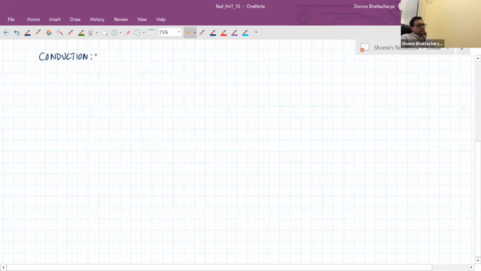So conduction is the mode of heat transfer for solid materials where heat transfers from one region in a solid material to another region in a solid material by the transfer of vibrational kinetic energy of molecules.